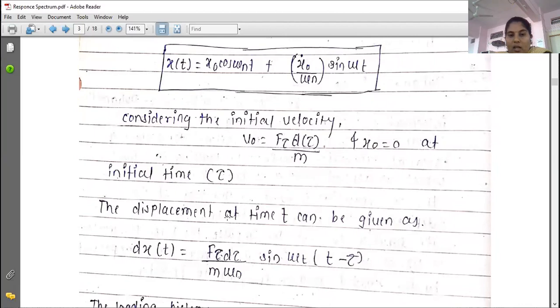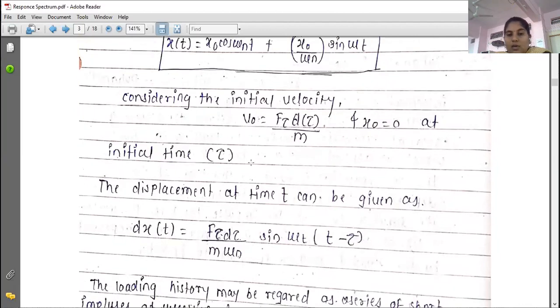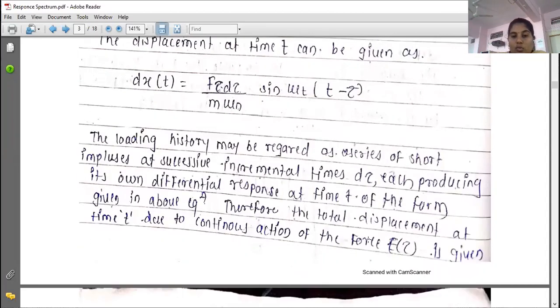Replacing v naught, dx of t will be equal to F_i dt divided by m omega_n into sine of omega_n (t minus tau), which becomes the equation of motion.